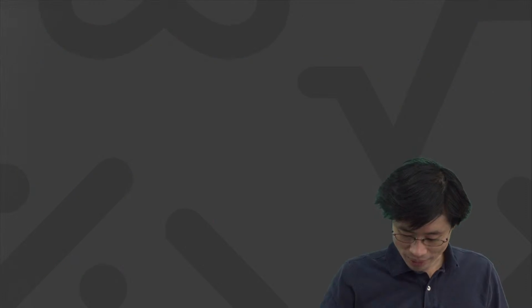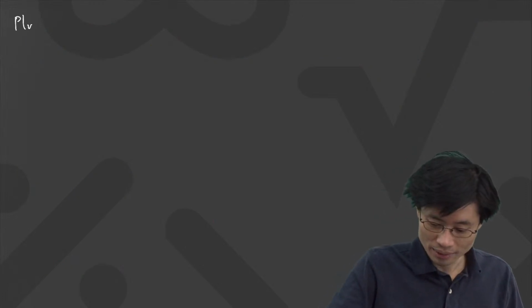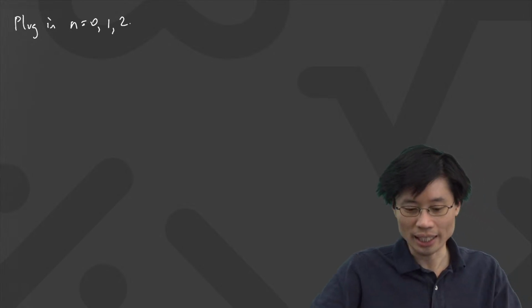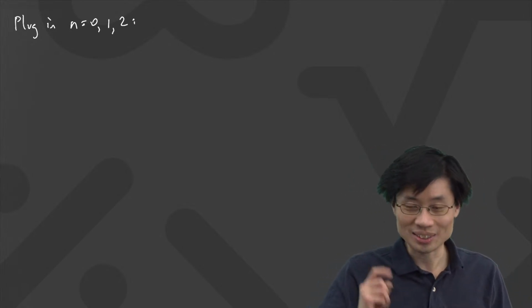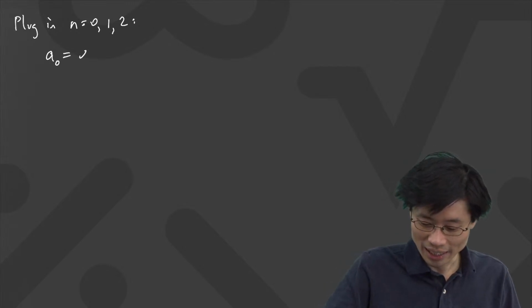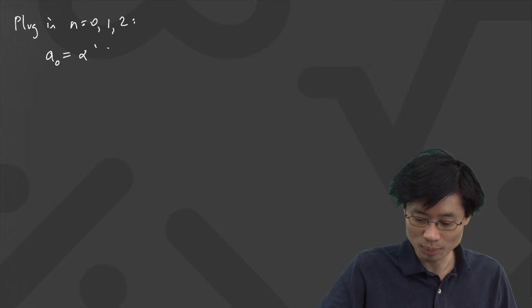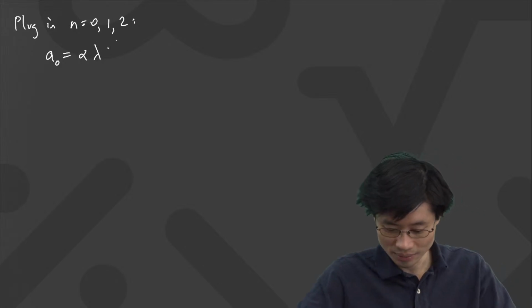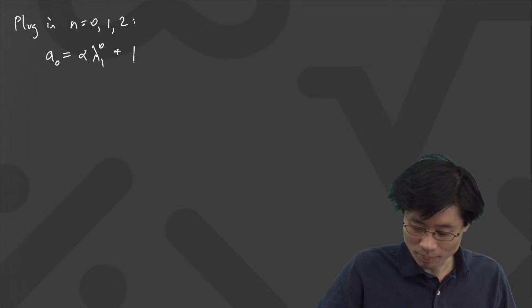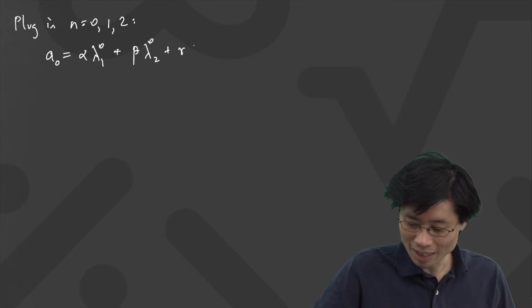What I now know is you plug in n equals 0, 1, 2. But really any 3 will do; the 0, 1, 2 is going to be nifty. I'll find out that A0 is equal to alpha times lambda 1 to the power 0 plus beta lambda 2 to the 0 plus gamma lambda 3 to the 0.